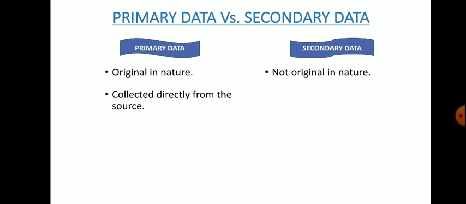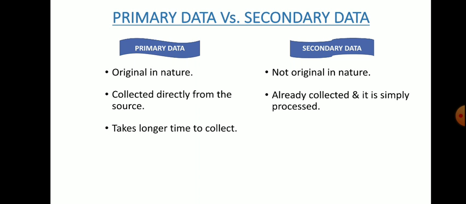Primary data should be collected directly from the source, and in case of secondary data, the data has already been collected by some organization or someone and we are simply using those data. Okay, it is already processed data and we are using those data.